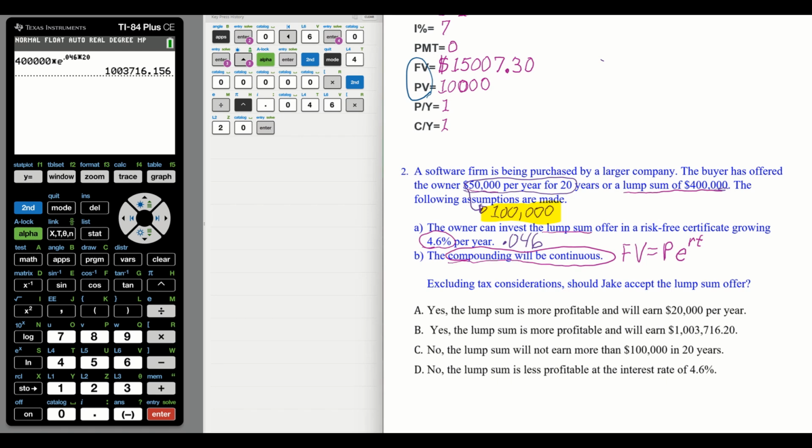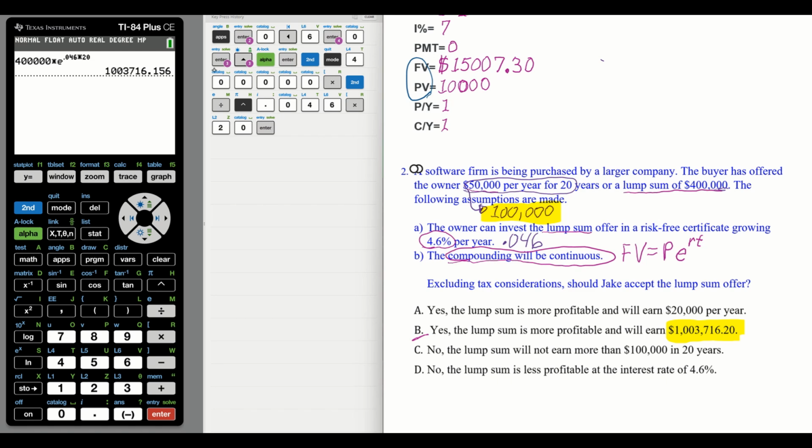Now, I see that in option B right here. We're going to go ahead and look at the other items. I'm kind of looking at them. I'm thinking they don't make sense. For right now, we're going to say, hey, B's probably it. But A says that we're going to take it, because the lump sum is more profitable and will earn $20,000 a year.